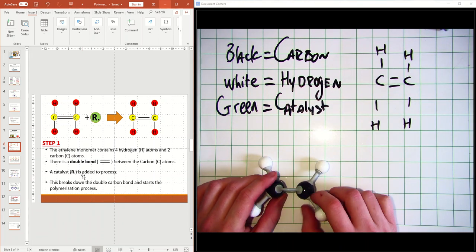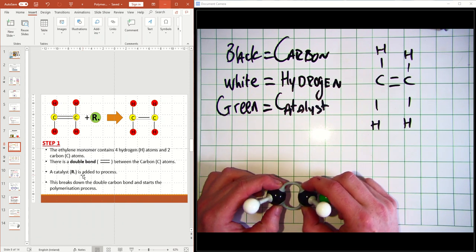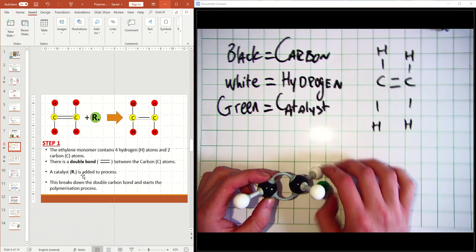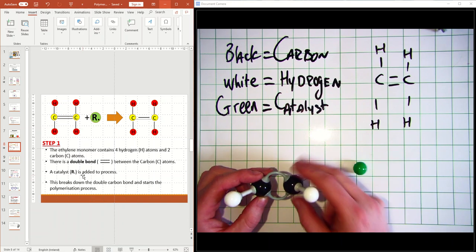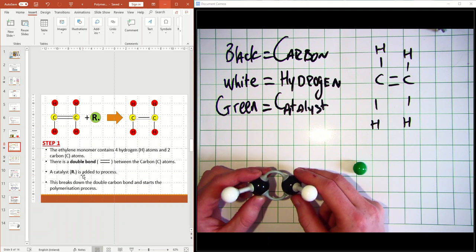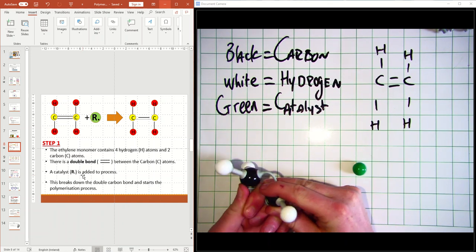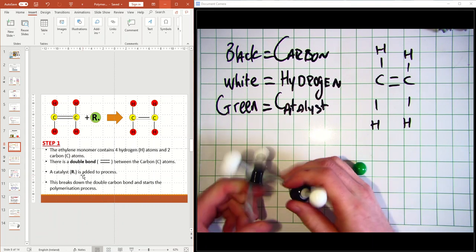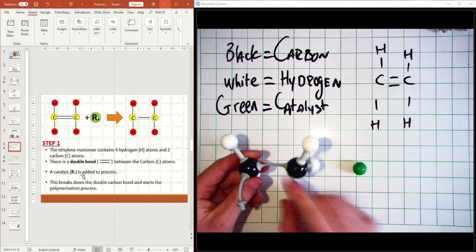Now, the catalyst contains what's known as an unpaired electron on its outer shell. What this does is break down the double bond between the 2 carbon atoms and join onto this catalyst. So I'm breaking this double bond down here, and now I'm left with a single bond between my carbon atoms.